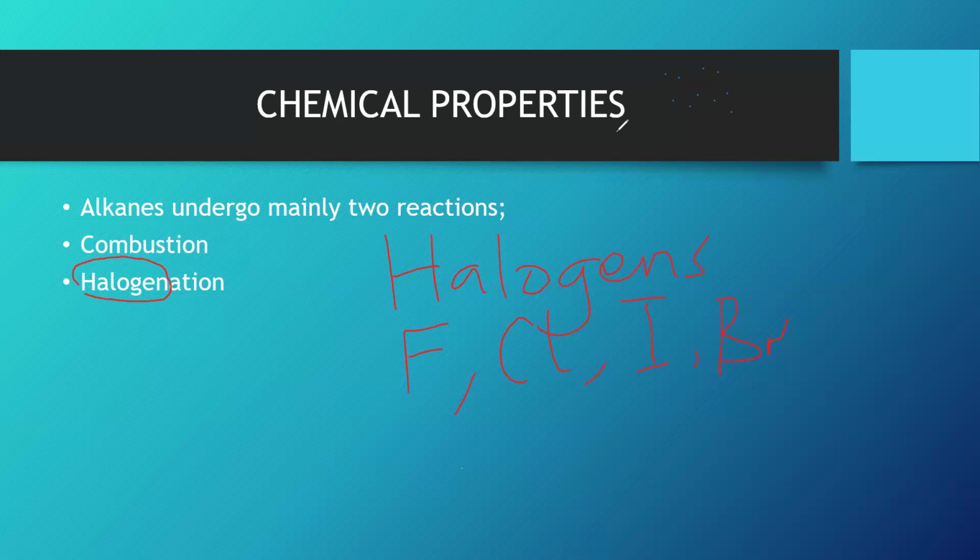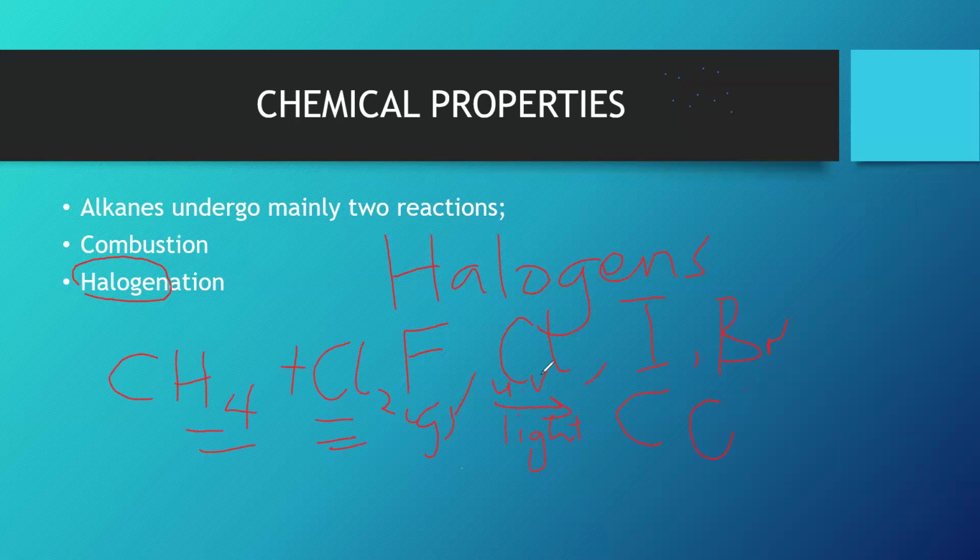For example, methane is bonded to 4 hydrogen atoms. If we add chlorine or fluorine to it under ultraviolet light, the hydrogen atoms are going to be replaced by the chlorine atoms.